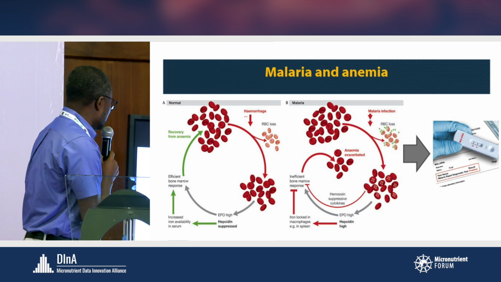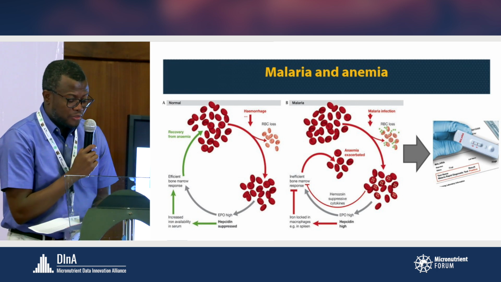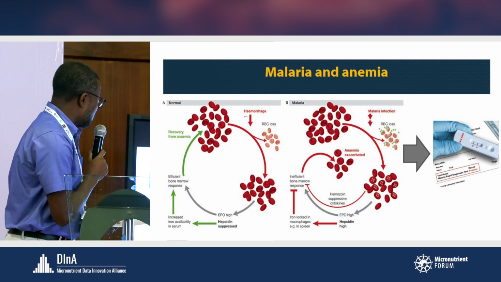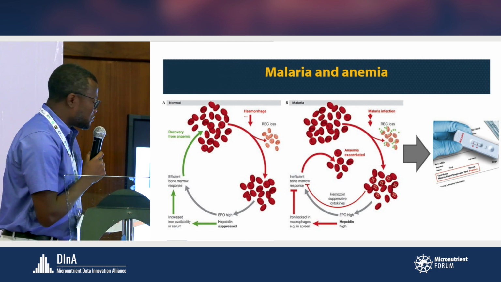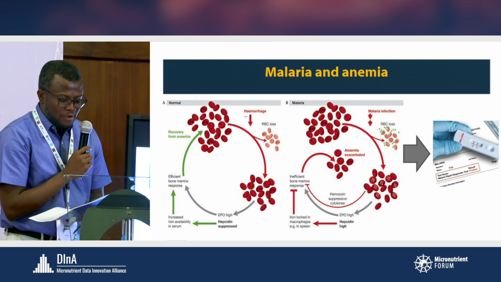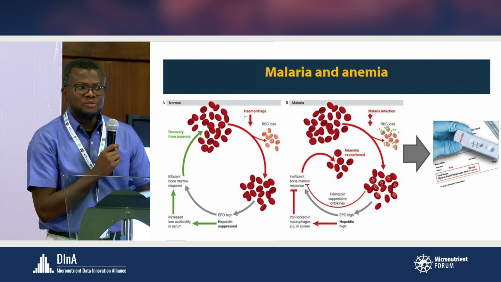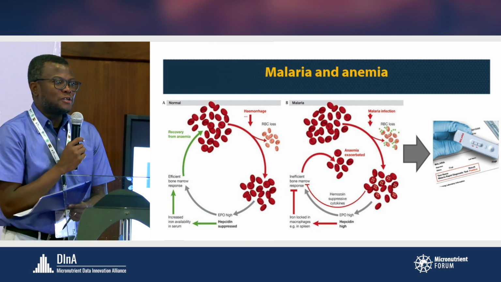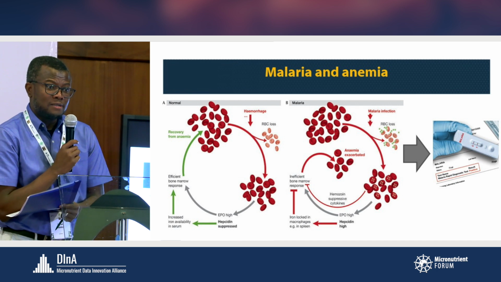At the bottom, there is bone marrow where red cells are produced, and everything is working well. There is recovery from anemia, and hepcidin, which is a master controller of iron, is suppressed. This is the normal physiologic state, where there are no pathological problems.